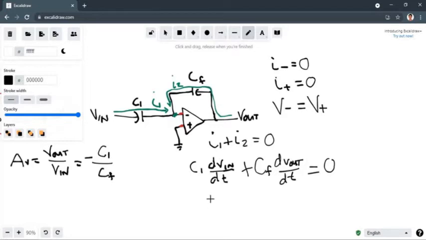Okay, so let's simplify our equation here. Let's transpose this one. So CF dV out over dt is equal to negative C1 dV in over dt.